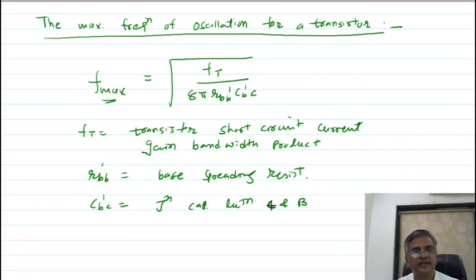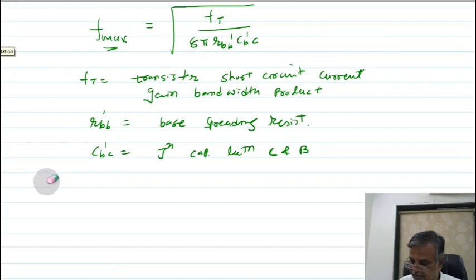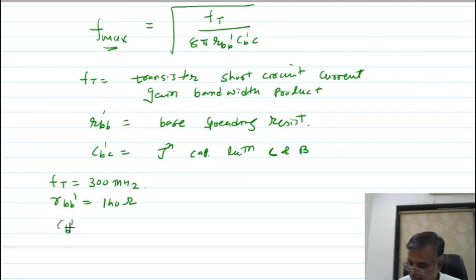So this equation says that if we take some data for a transistor, if Ft is equal to 300 megahertz, R_bb' is, suppose, 140 ohm, and C_b'c is equal to 4 pF, then the maximum frequency of oscillation you can get is 146 megahertz.